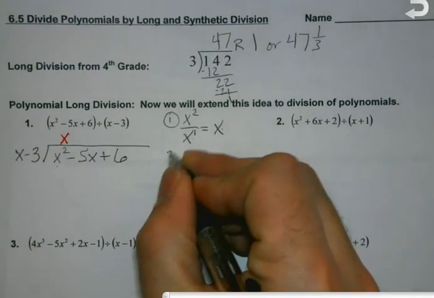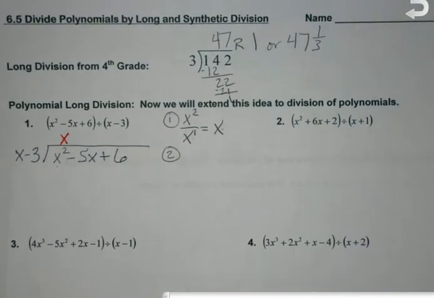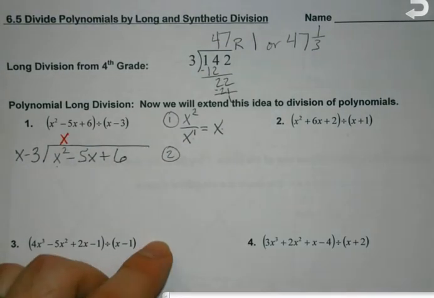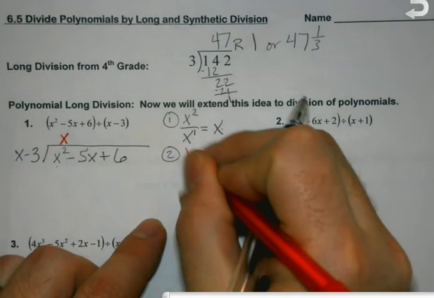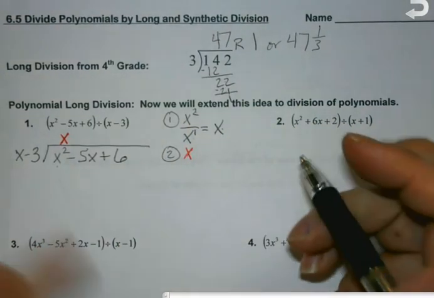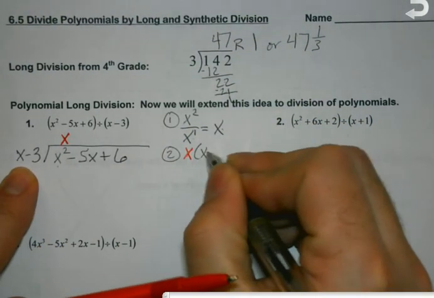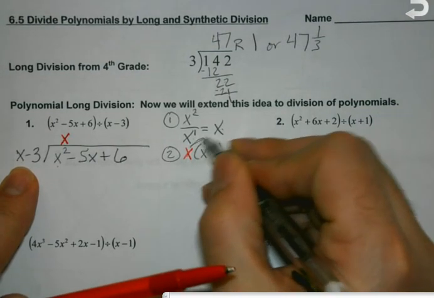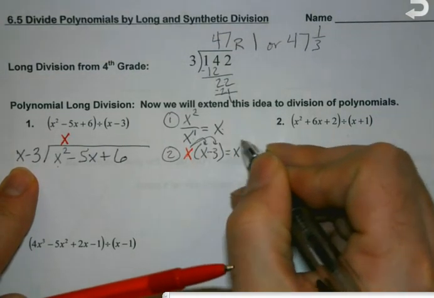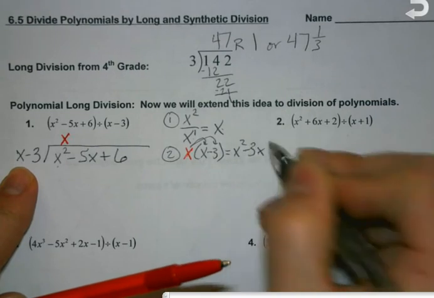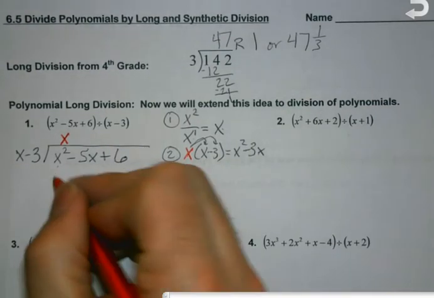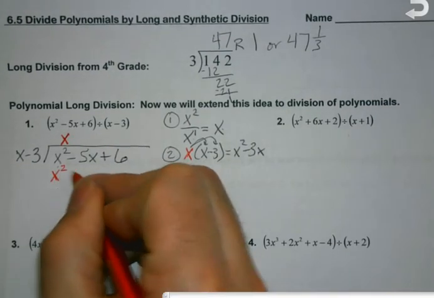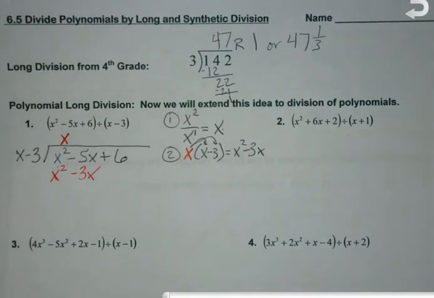The next step, and this is just a 2-step process that we keep continuing to the end, I'm going to take that x, and I'm going to multiply it by my divisor. So, of course, I've got to distribute that through x squared minus 3x. That goes underneath, sort of like up above I did 3 times 4 is 12, and then I subtracted it.